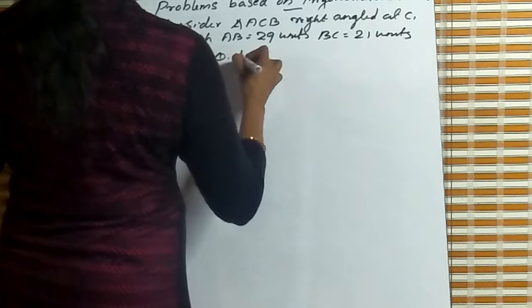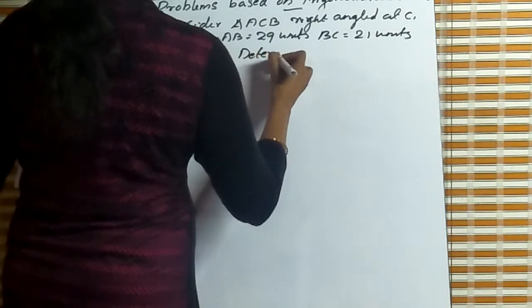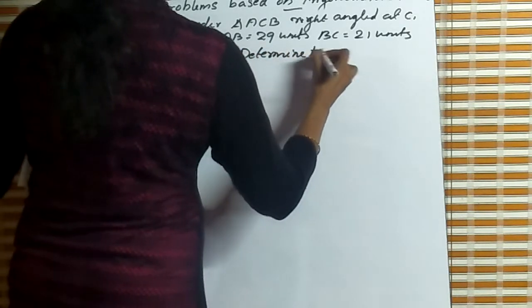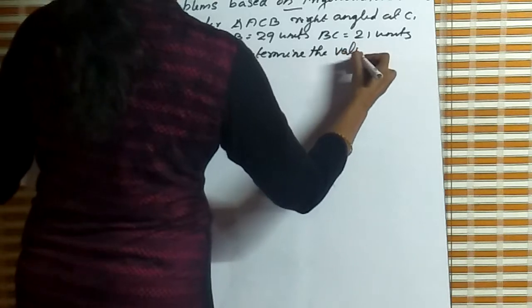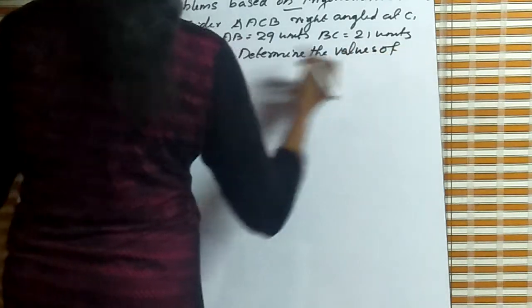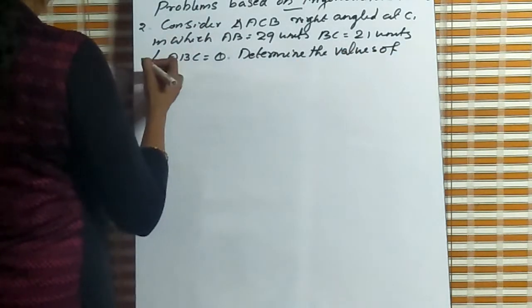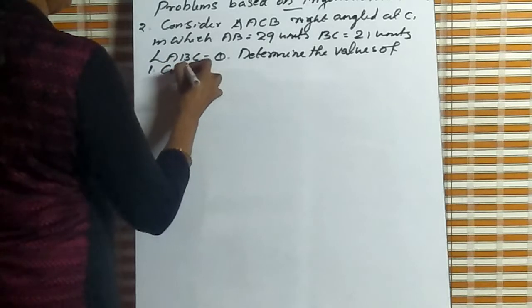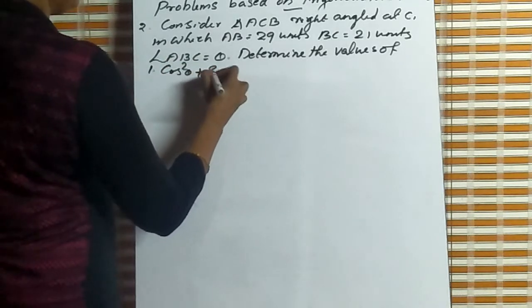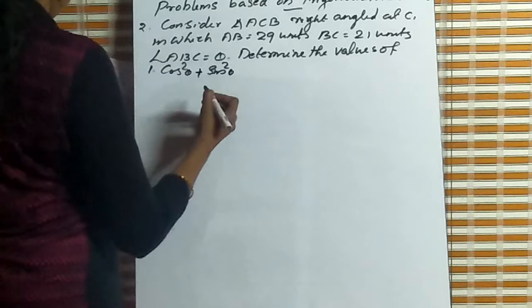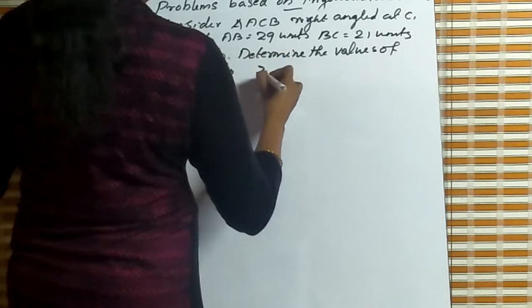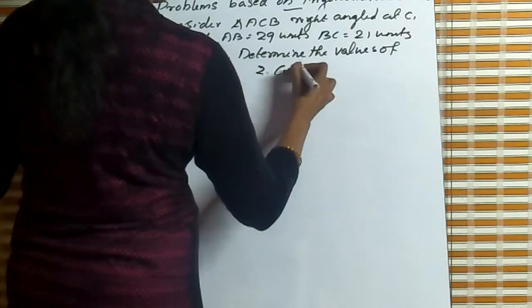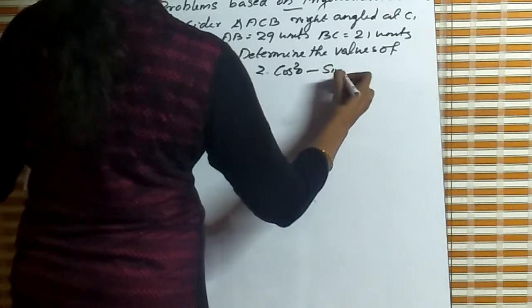Determine the values of 1. Cos square theta plus sin square theta. 2. Cos square theta minus sin square theta.